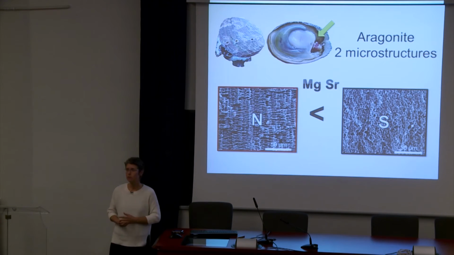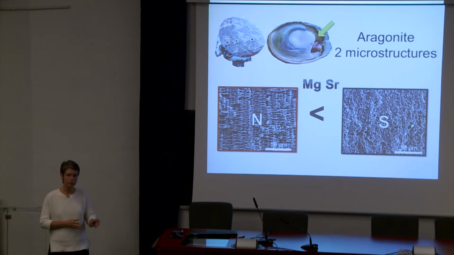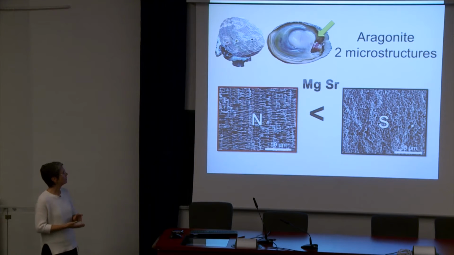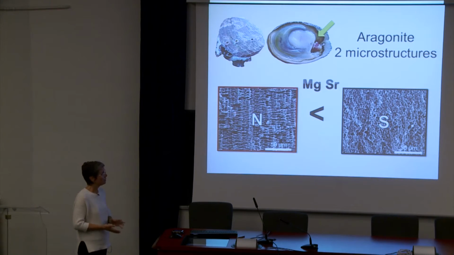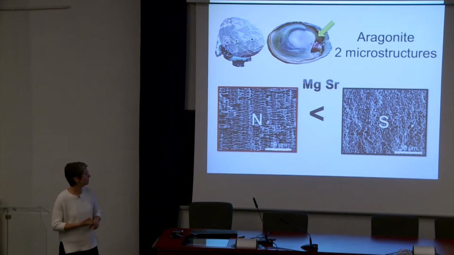So here, in this starting work that aims in the future to link the mantle activity to the shell composition, we observe that the Haliotis, with its mantle, secretes aragonite with 2 microstructural arrangements, and each microstructure has, on average, a different composition.